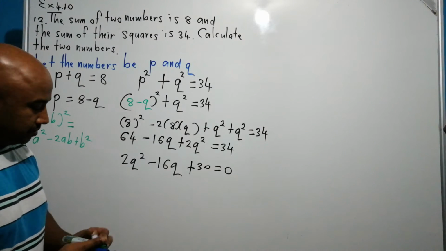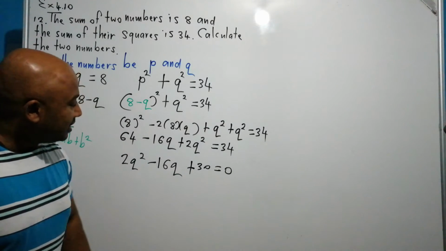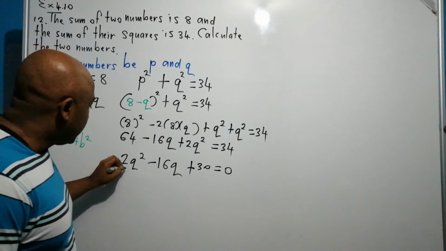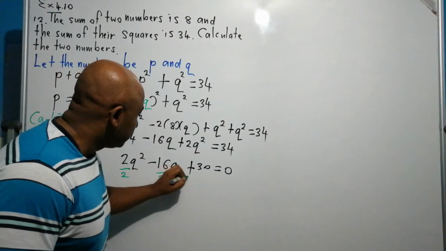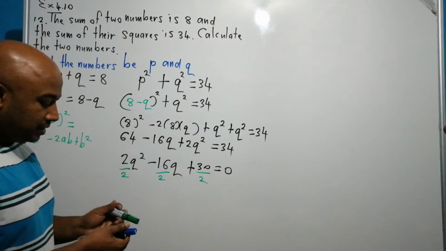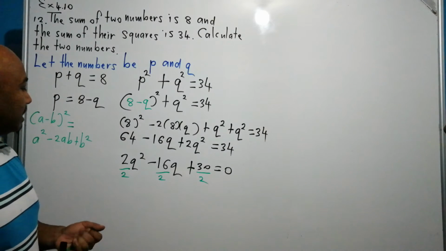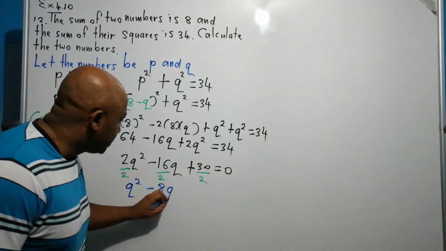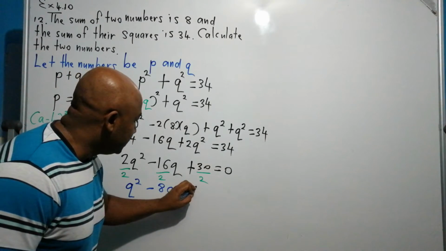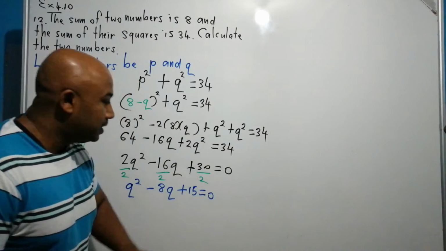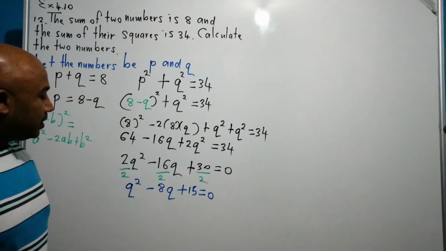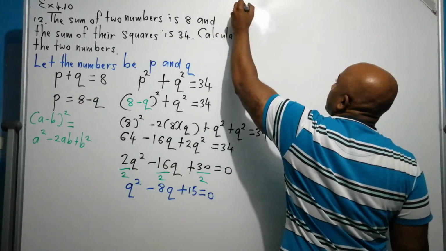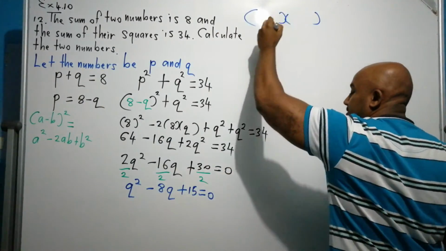Now, can we simplify this further? Yes, we can. This is an equation. So therefore, I can divide by 2. So if I divide by 2, I now have q squared minus 8q plus 15 is equal to 0. So I have my quadratic trinomial, and you should be able to factorize this easily.